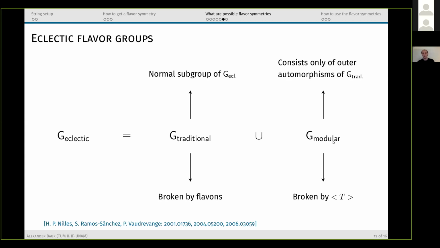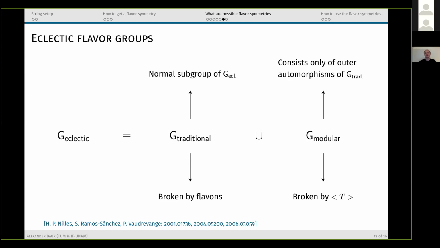And the modular symmetry would be broken by giving a VEV to the modulus, if you are able to stabilize the modulus by some method. We haven't been considering methods or constructions for modular stabilization here. But if you find a method to stabilize the modulus, so assign a VEV to this modulus, the modular symmetry will get broken.